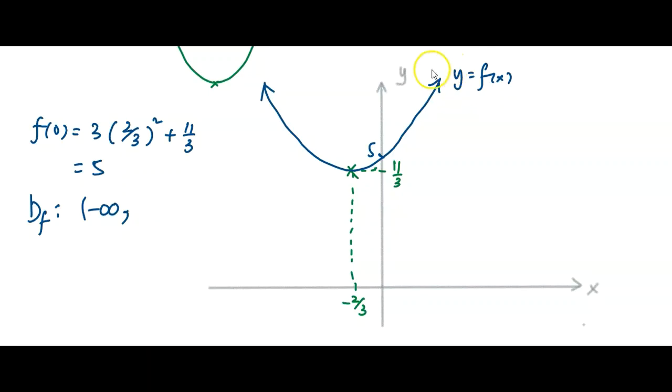The same for the point closest to the right, I will use positive infinity. For the range, I will find the lowest point. The lowest point of this graph has the y coordinate 11 over 3. So my range will start from 11 over 3, including 11 over 3, up to infinity.